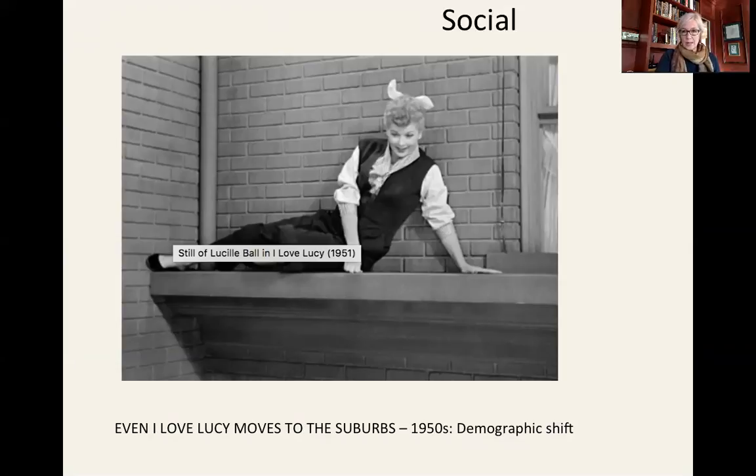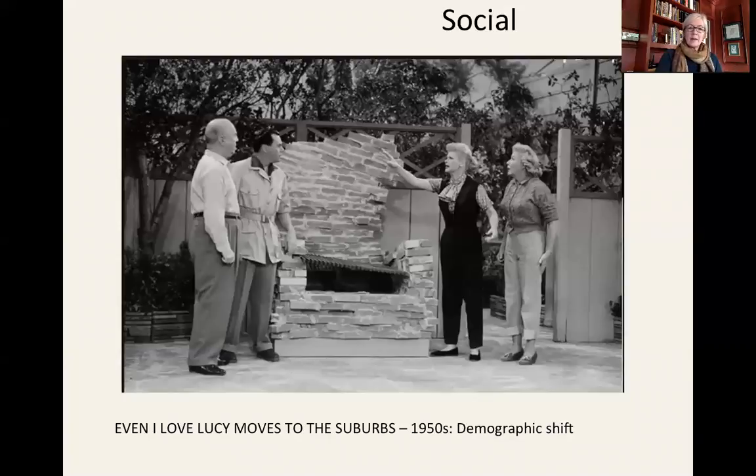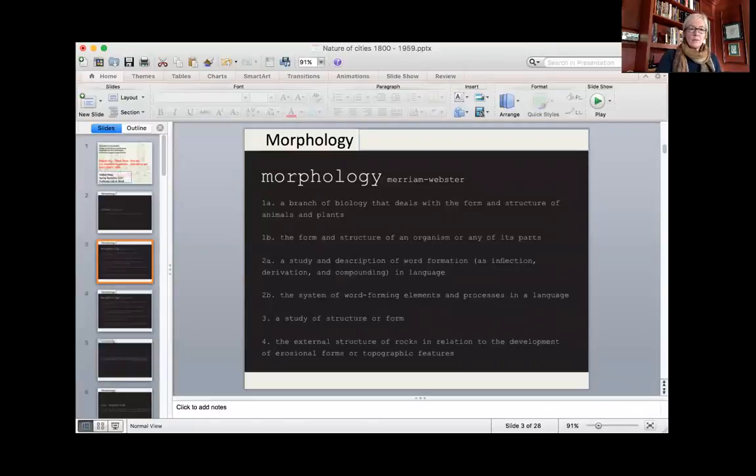This is I Love Lucy in her apartment in New York City, because that was very much that urban, very European way of living, flats, apartments, and then suddenly what we see is even I Love Lucy moves to the suburbs, and so we really start to see that trend by the end of the 50s of the suburban way of life as the American dream. We're going to stop there.